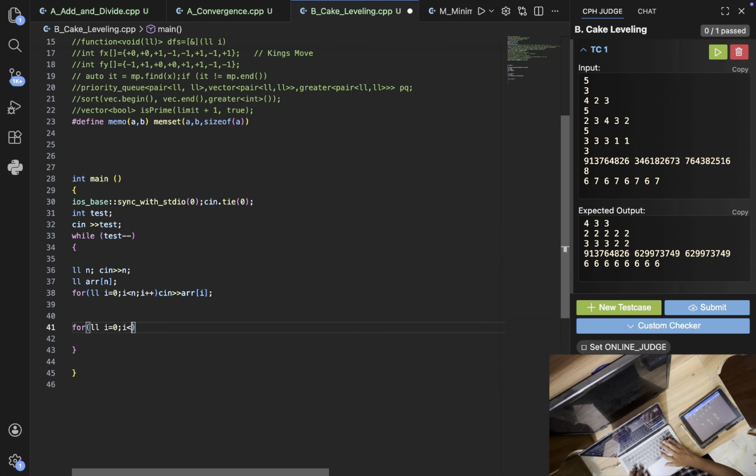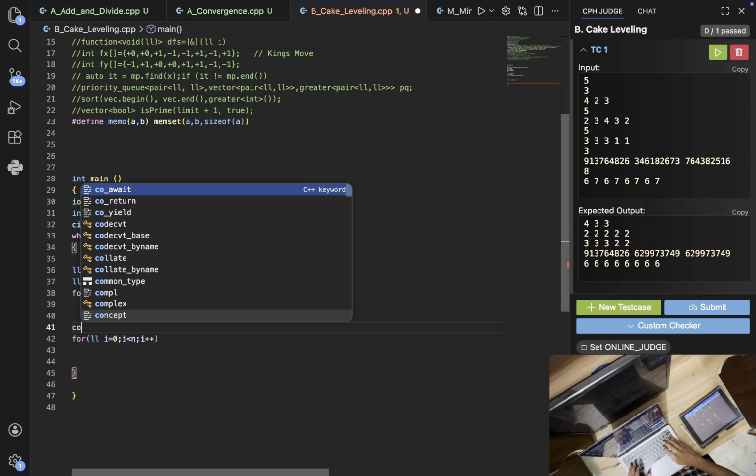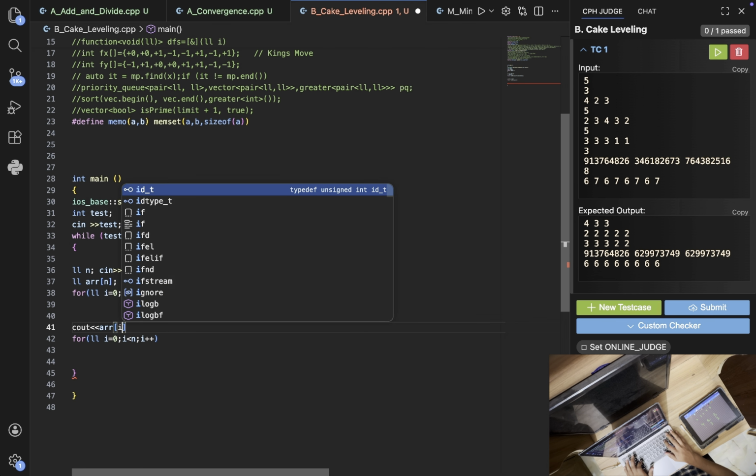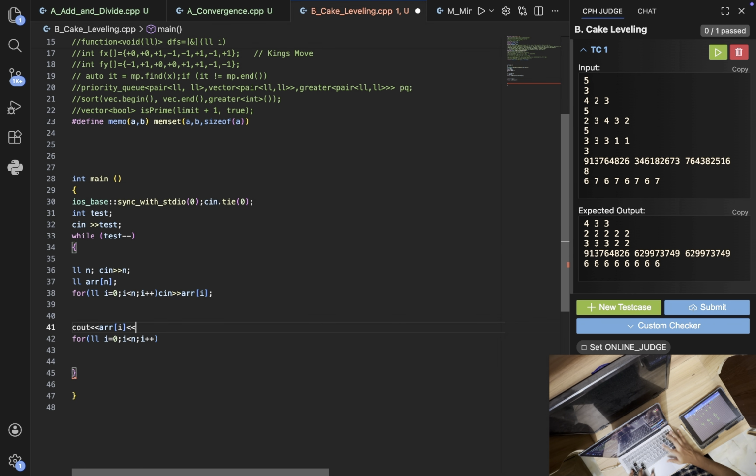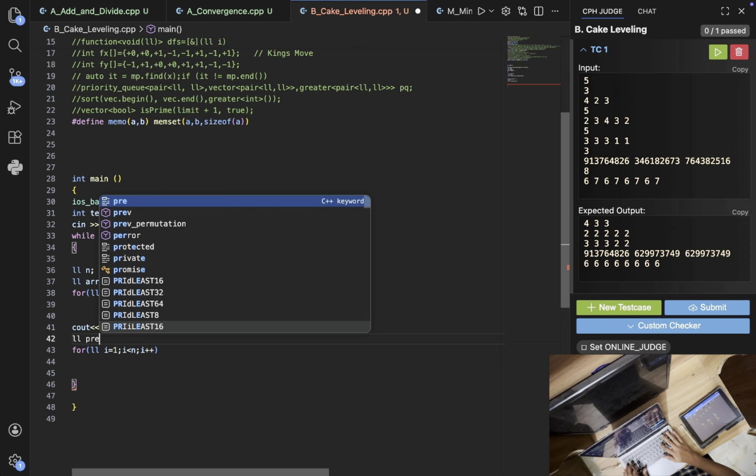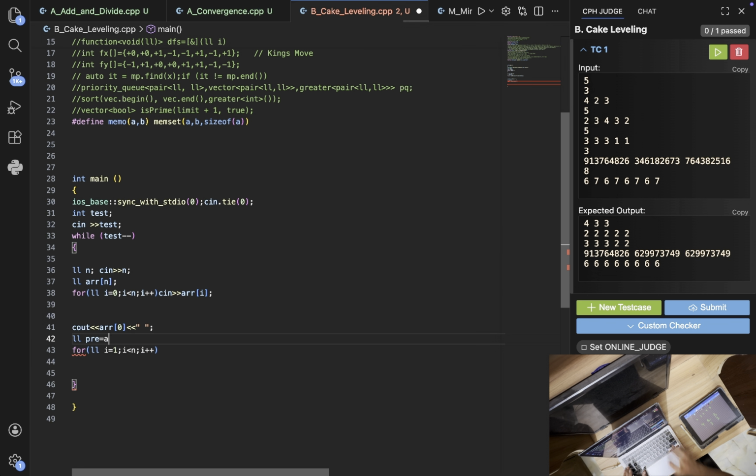I can just not I0. I'll start from 1. 3 equal to 0.